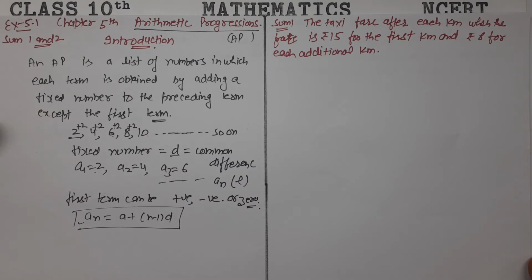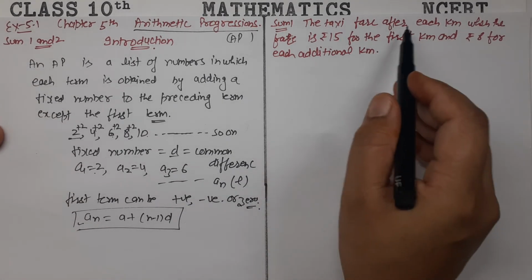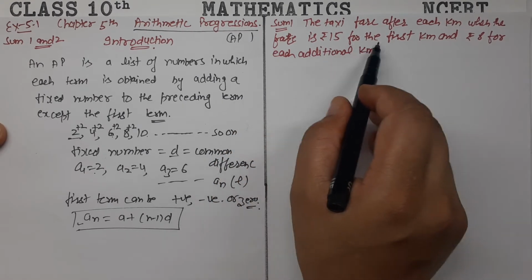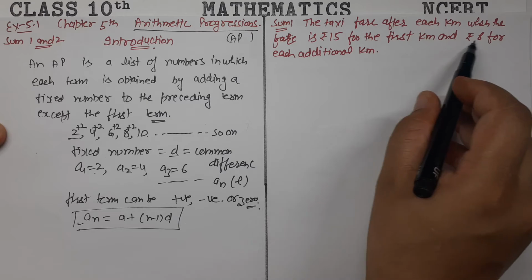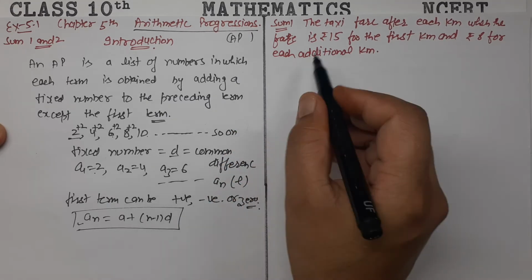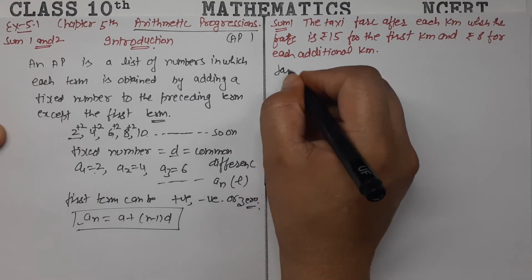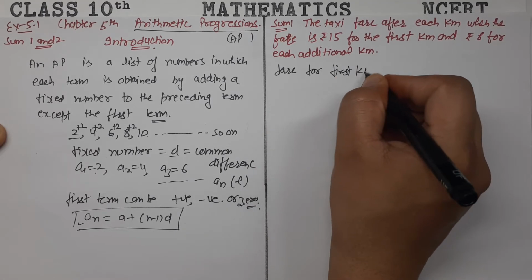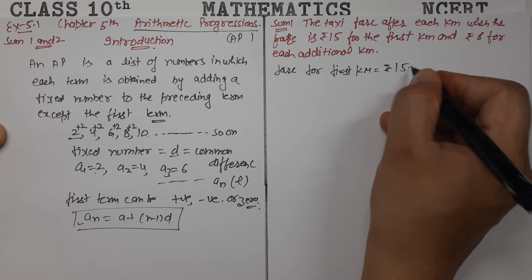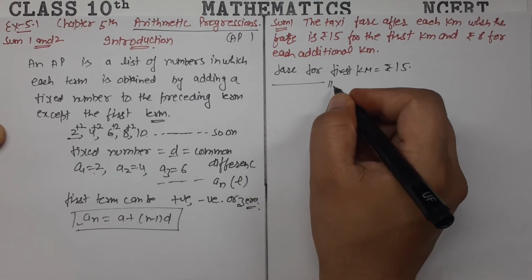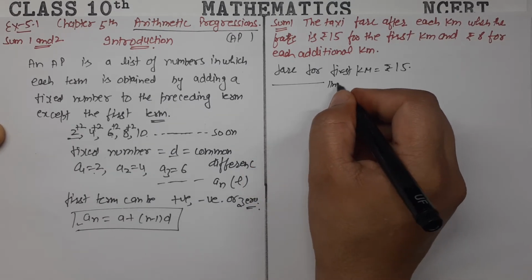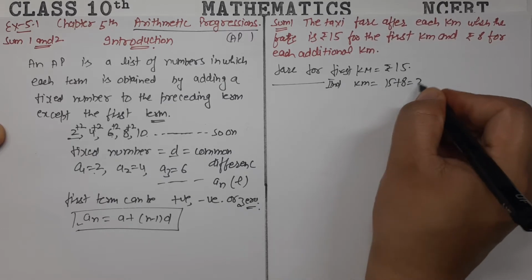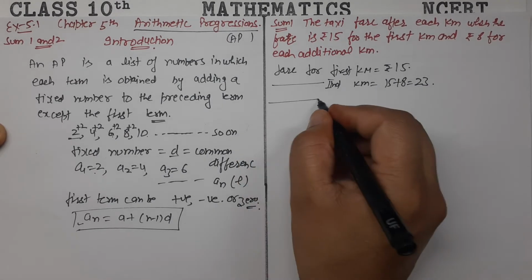Now let me check. The taxi fare after each kilometer, when the fare is rupees 15 for the first kilometer and rupees 8 for each additional kilometer. Fare for the first kilometer is rupees 15. Fare for the second kilometer, 15 plus 8 makes 23.